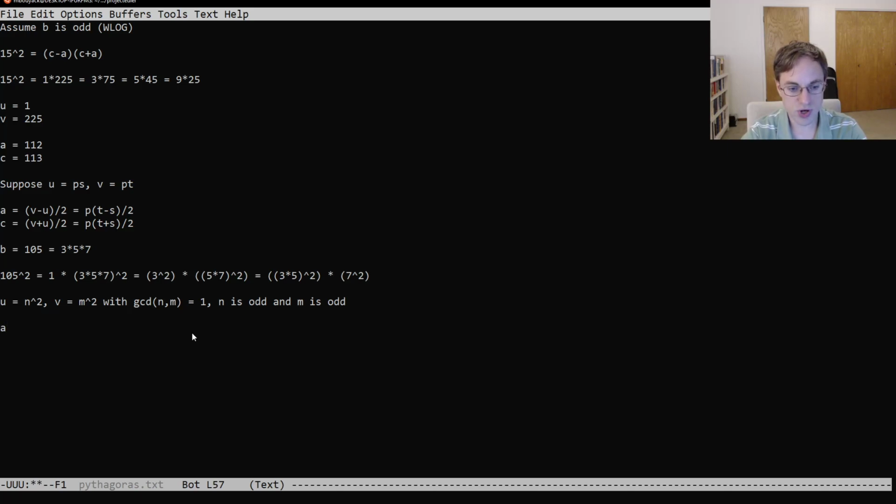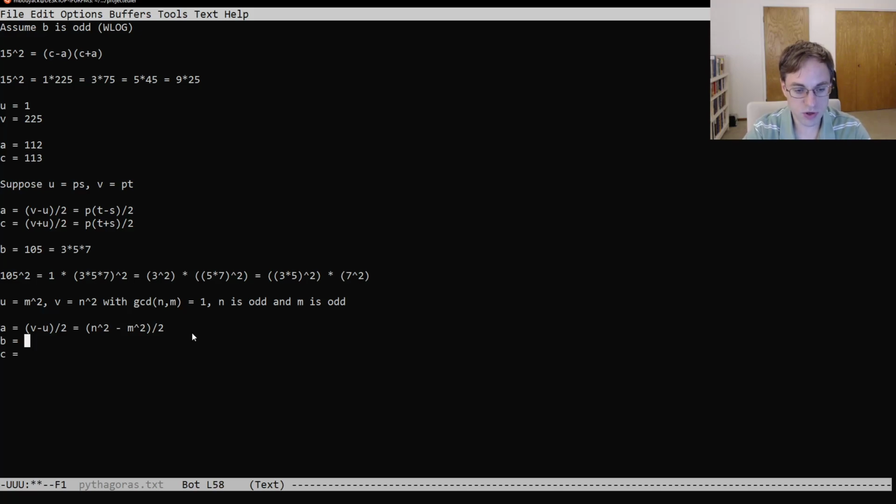So we already have our equation for a equals v minus u over 2. Oh, excuse me, I've got these backwards. I want to keep the alphabetical order consistent. So then we'll say that a is equal to n squared minus m squared over 2. Let's do b first.